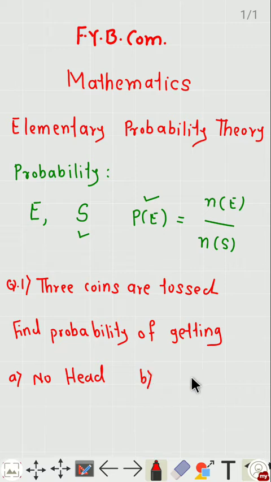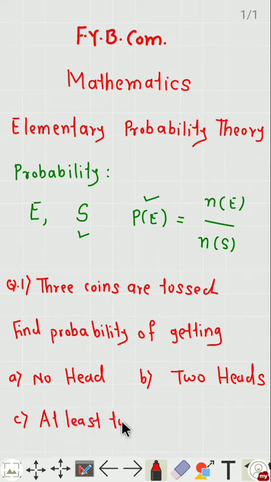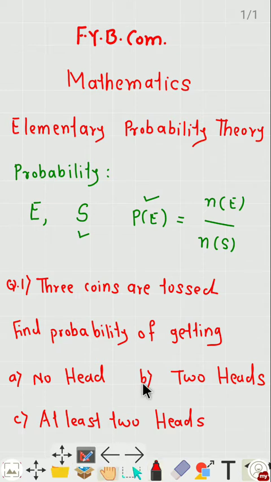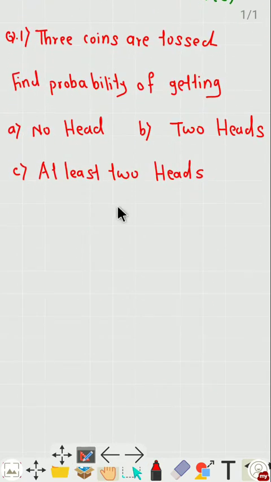B is getting 2 heads. C is at least 2 heads. And D is at most 2 heads.